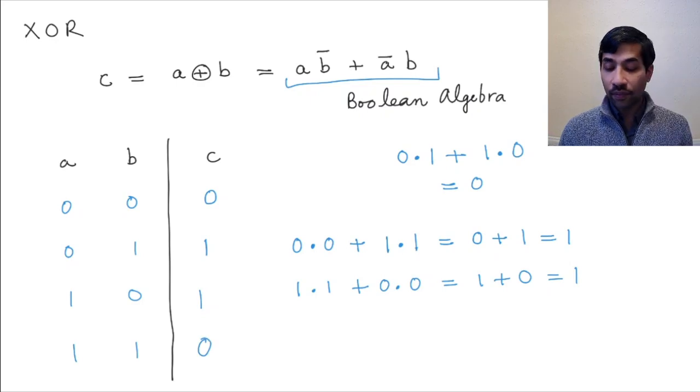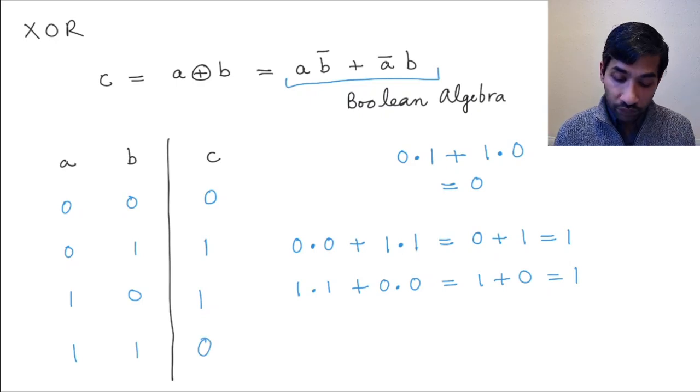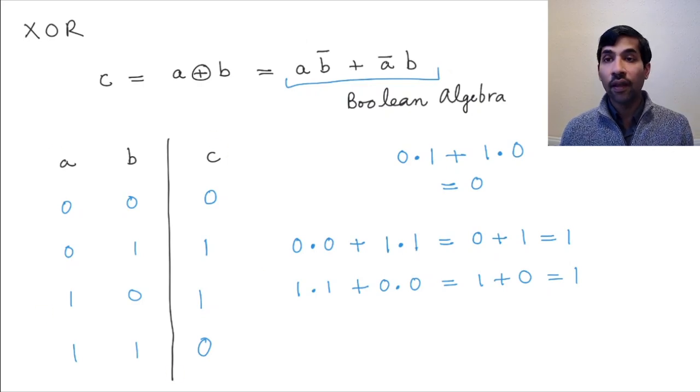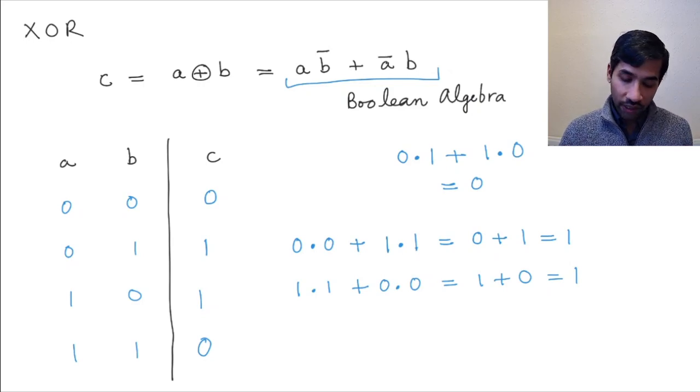You can see that we have now gone from this Boolean expression to this truth table. You can check that this truth table is exactly the same truth table as we had for the XOR gate in the previous video, but we are now representing it as an algebraic expression.